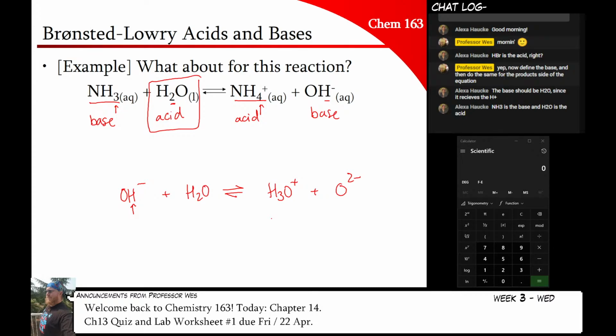This is incredibly unlikely to happen. So you're not going to see that reaction for what it's worth. But technically, as written, hydroxide would be an acid in that case. So again, context specific. Make sure you're looking at the reaction just to verify what it is you're doing, and try not to just commit random things to memory, because the whole point of this is to learn patterns and not just memorize.